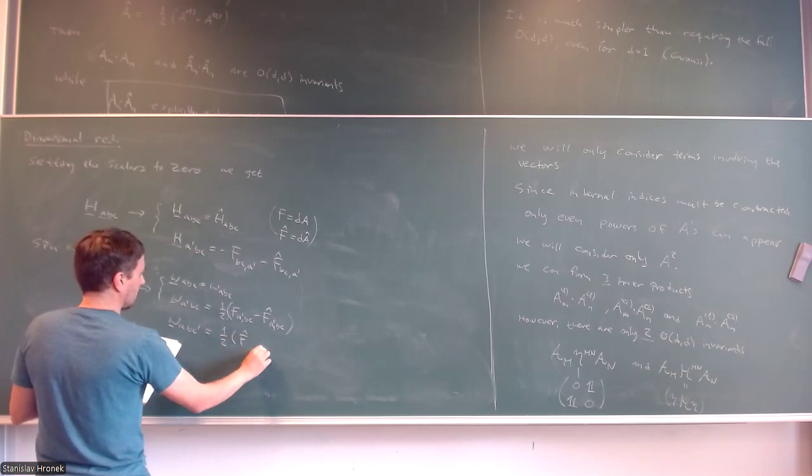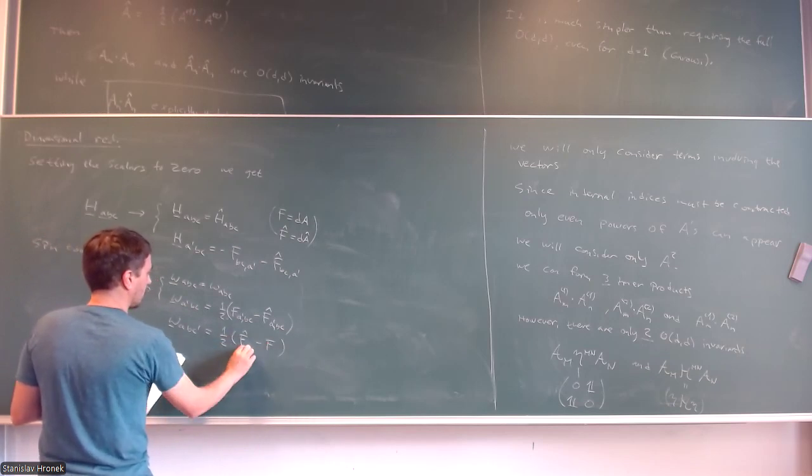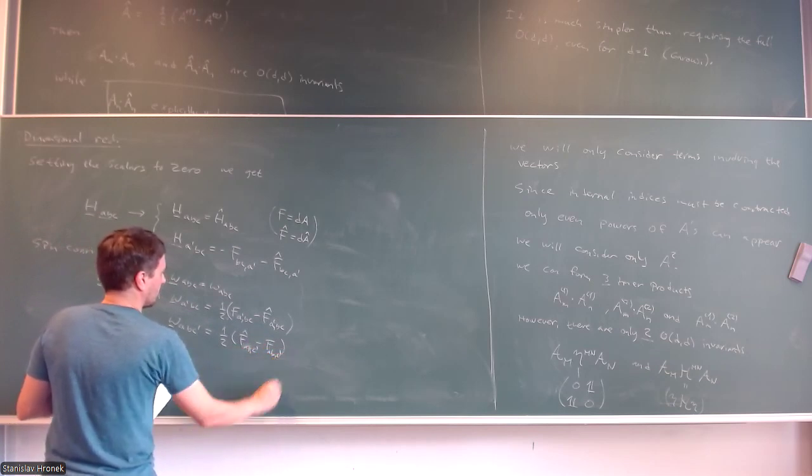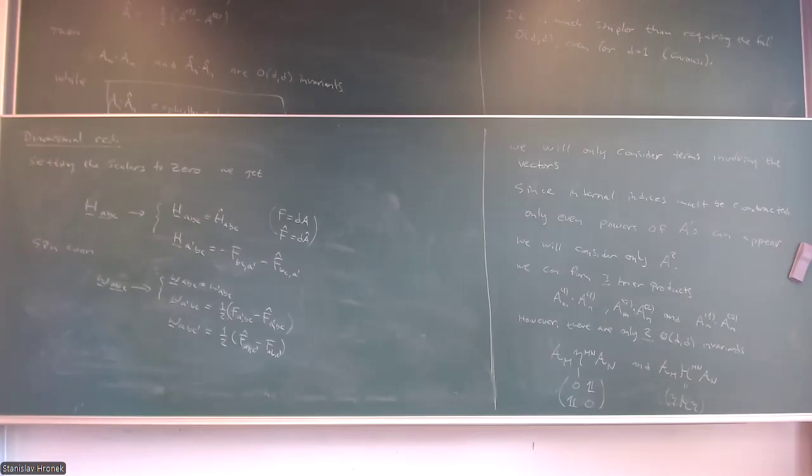So H and the spin connection just give essentially the field strengths, those combinations of field strengths that will define the H fields. You're not putting torsion into the connection? No, this is the ordinary connection, but now I will consider a torsionful connection.